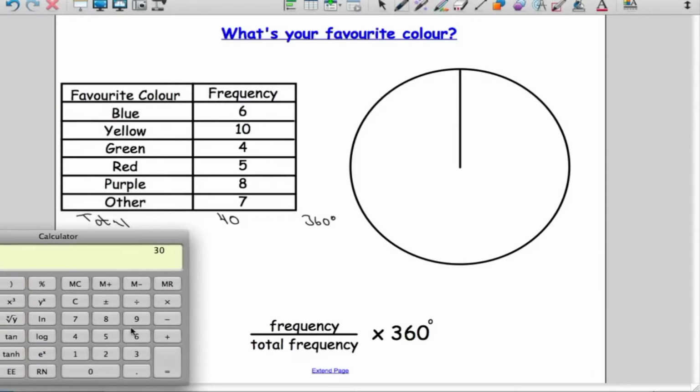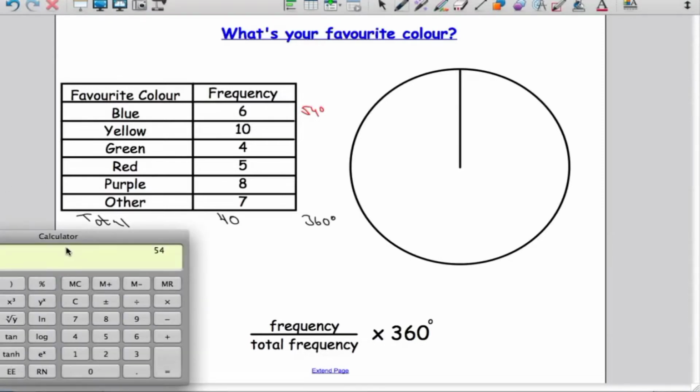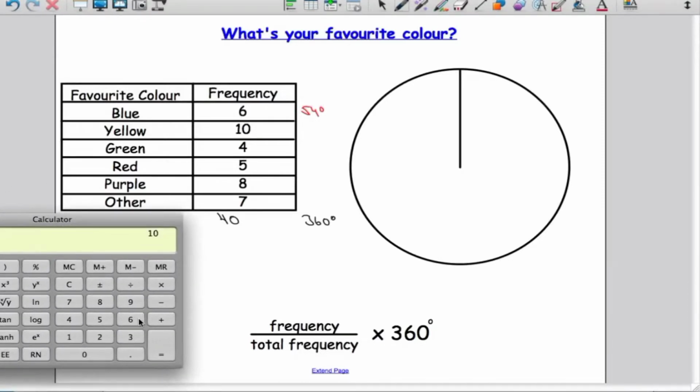Beginning with blue. The frequency for blue is 6. So we'll say 6 divided by the total frequency, which is 40, times 360, which is the degree of the circle. It gives us 54 degrees for blue.